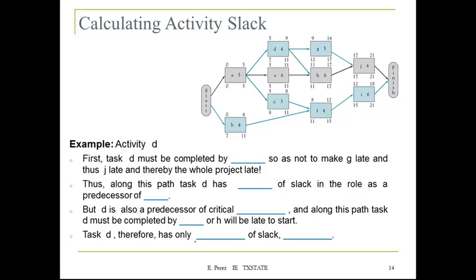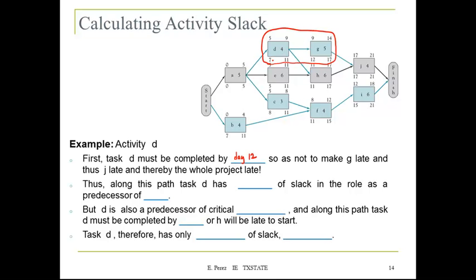So following the same type of analysis, task D must be completed by day 12. And that's by looking just at this first. Let's look one by one. I know you can see that you have this activity that needs to be started earlier on the critical path.